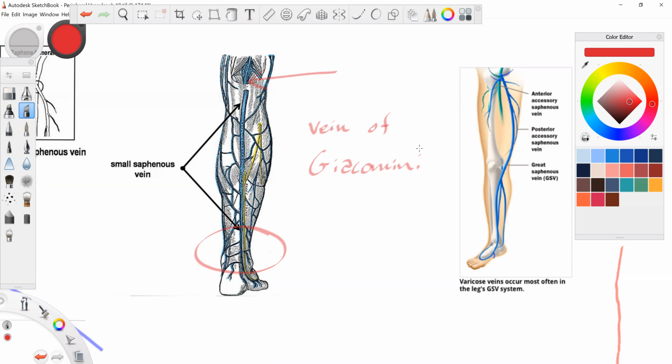That was a very specific variant. It would bypass the popliteal, continue up the leg, and find the posterior thigh circumflex, which would then go back to the deep system.